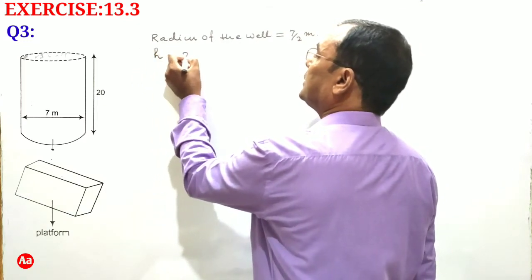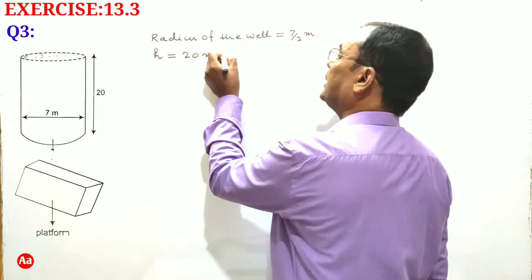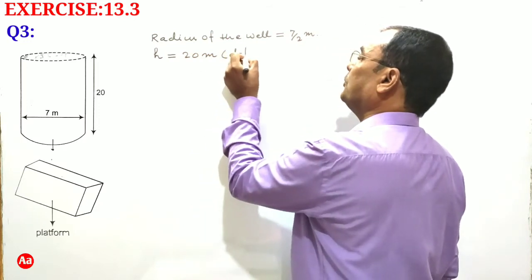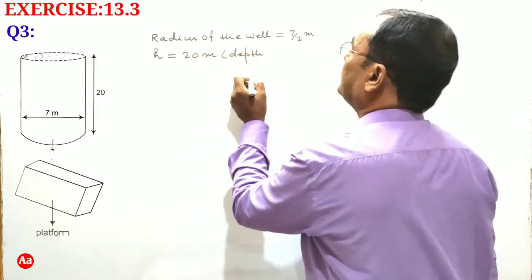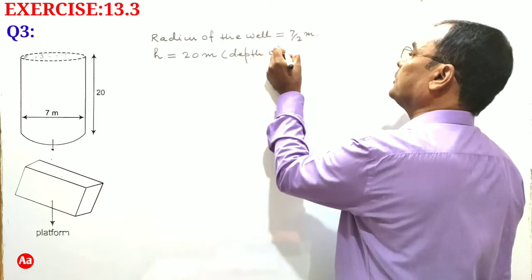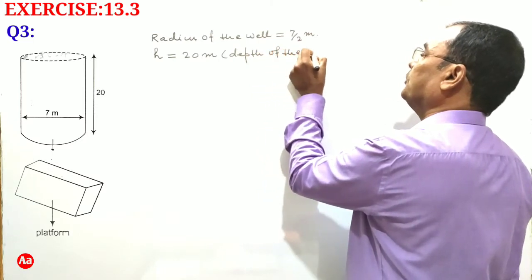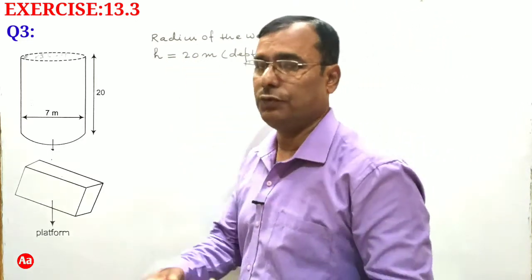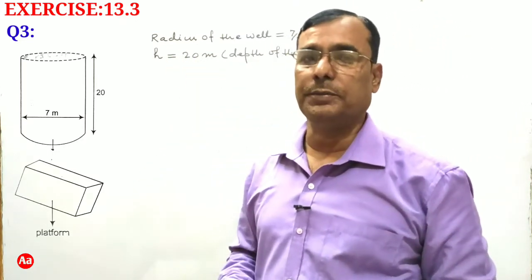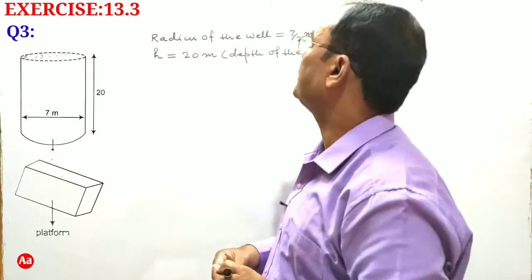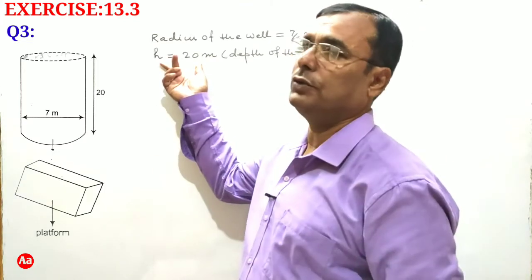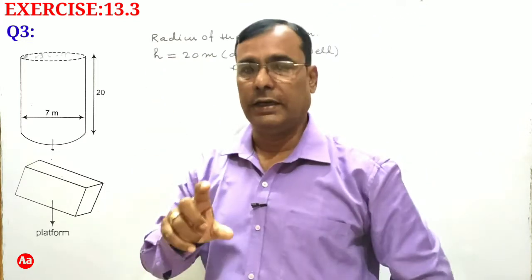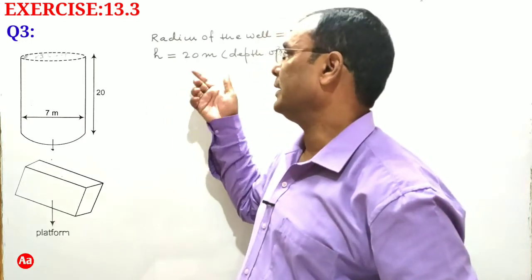H, let us write 20 meter as depth of the well. That we are writing H, because well is dug out in the shape of cylinder. So this H equal to 20 meter we are going to use in place of height of a cylinder. Here it is depth actually.